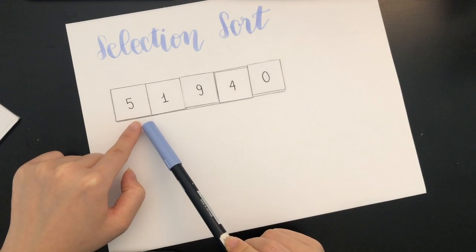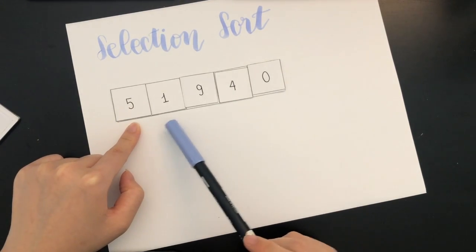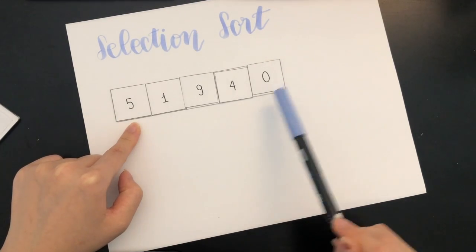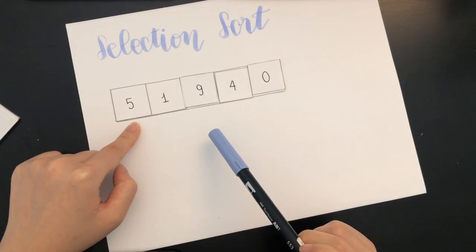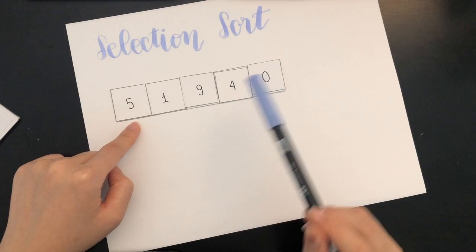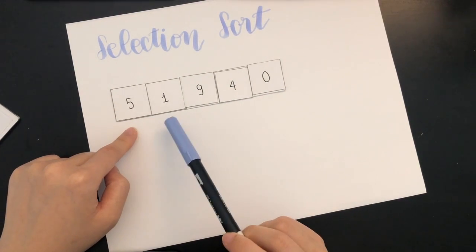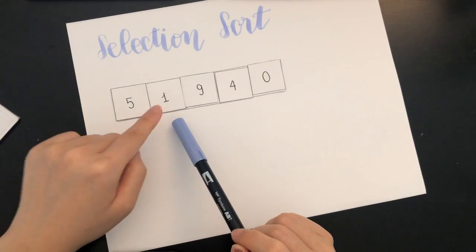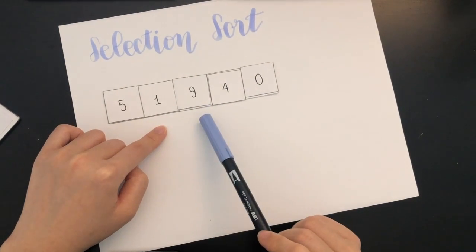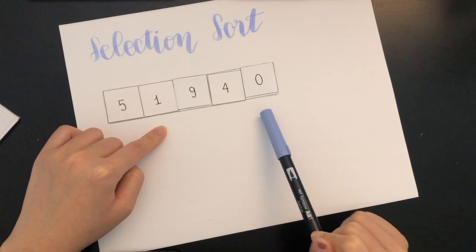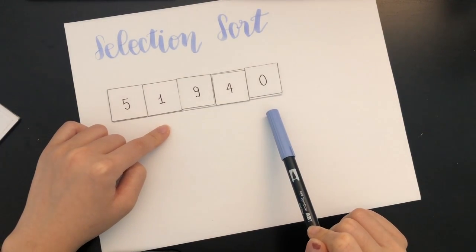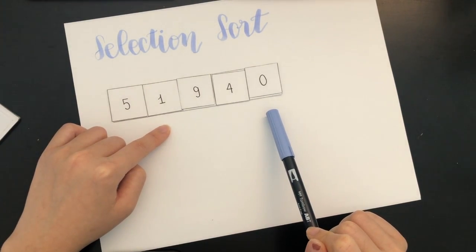So we find the smallest element by going through each and every element in the remaining part and comparing it with the minimum. So for our first iteration, 5 is currently our smallest. Is 1 smaller than 5? Yes, so 1 is now the smallest. 9 is bigger, no. 4 is bigger, no. But 0 is smaller. So 0 is the smallest element in the unsorted subarray.